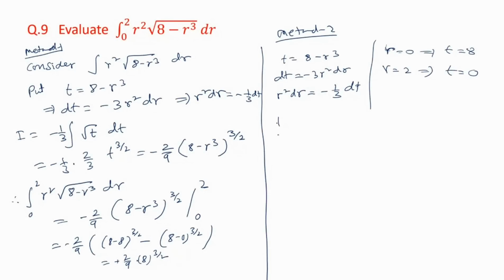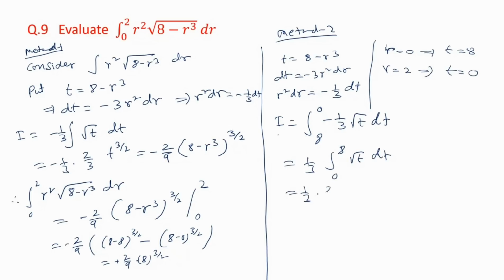So our I is now reduced to the limits for t. The lower limit is 8, the upper limit is 0, minus 1 over 3, and this is square root t dt. So this is equal to minus 1 over 3, and if we have a minus we can change the order of the limits, so it can be written as 1 over 3 integral 0 to 8 square root t dt.